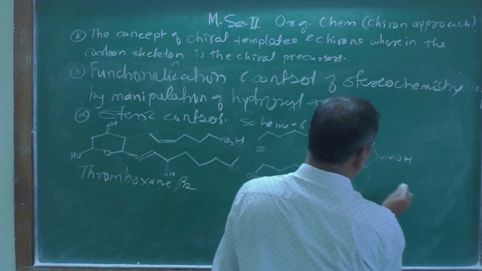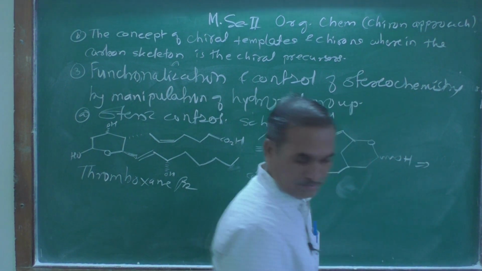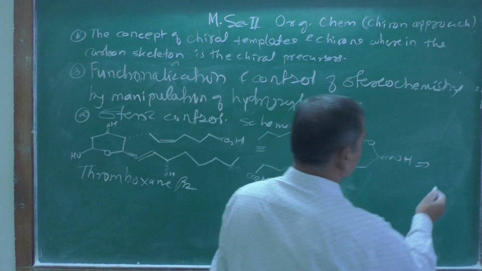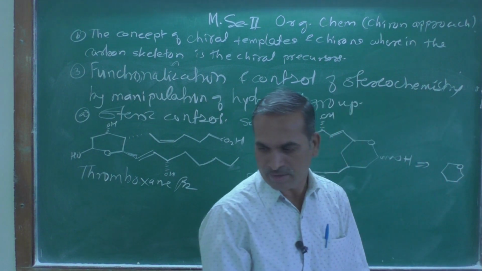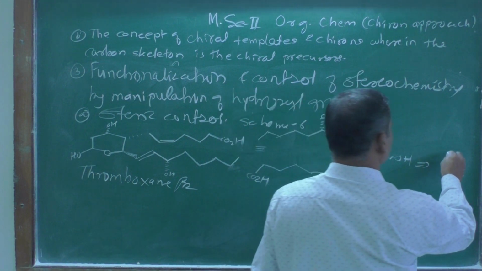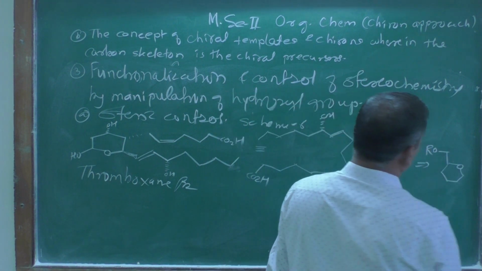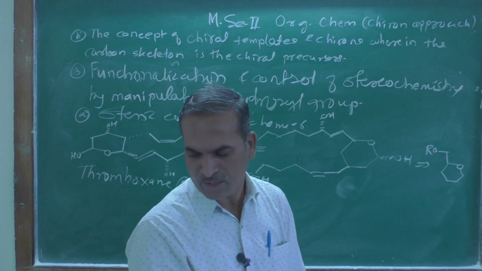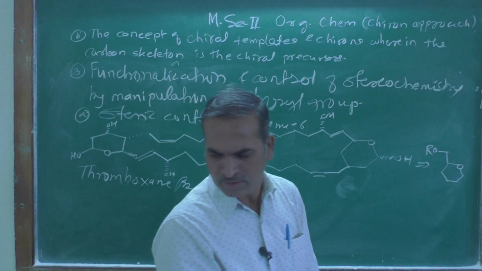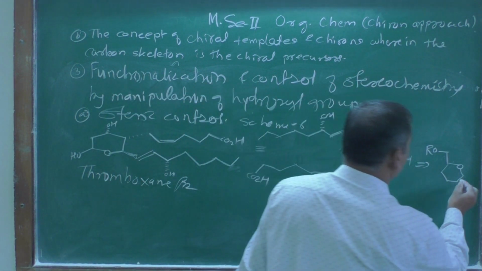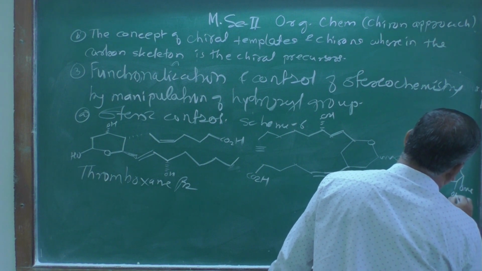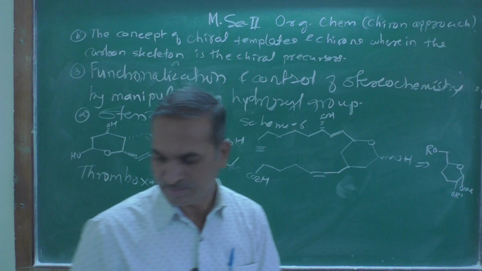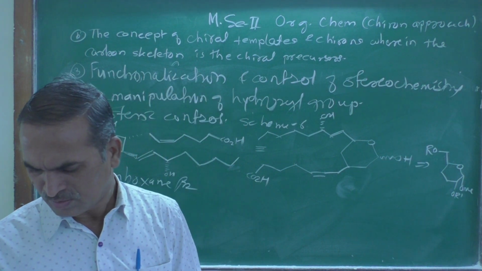I am writing here, this can be obtained from this way, that is, this alkoxy group over there, and OMe at the anomeric carbon, OMe or OR dash, not here.